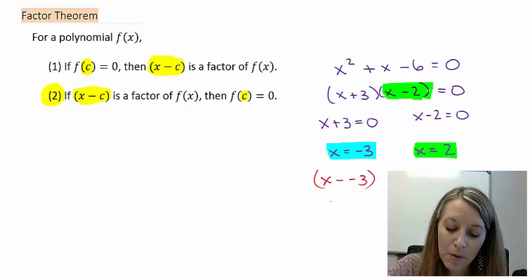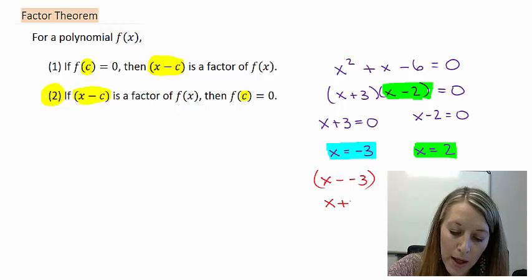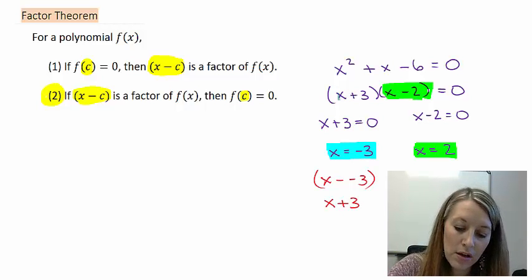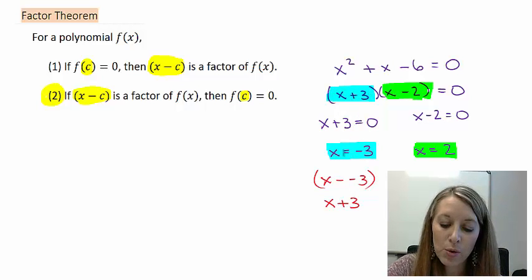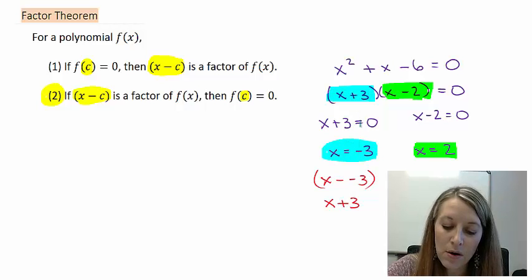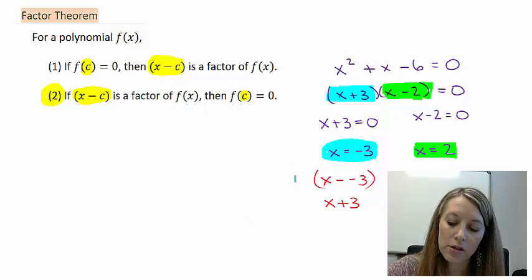But if I were to simplify that, that would give me x plus 3, which is the factor that I have here. So the relationship between these is if this is a 0, you subtract it from x, and that gives you your factor. Or if you have the factor, then you set it equal to 0, and that gives you your 0. Okay, so let's actually do an example that utilizes this.